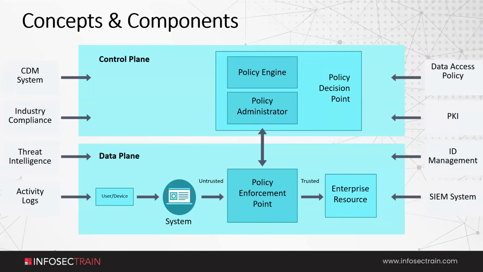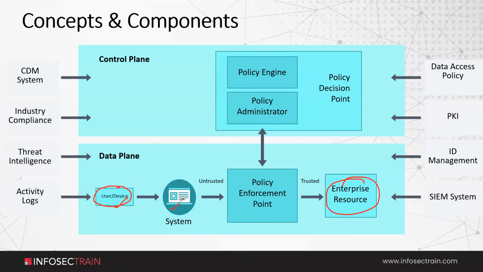Assume that we have a user who is trying to access an enterprise resource. So who is a user? It can be an employee or a service account. This user is accessing via a system, right?